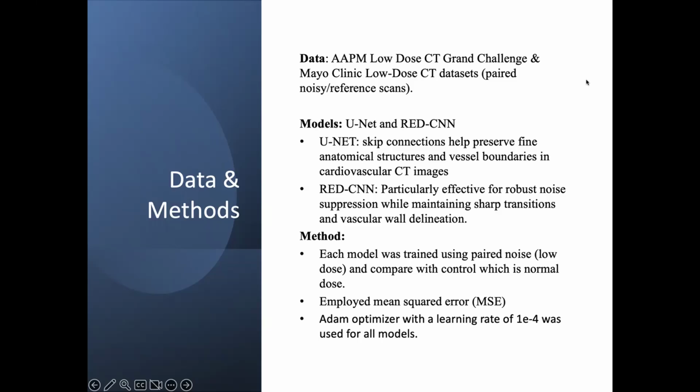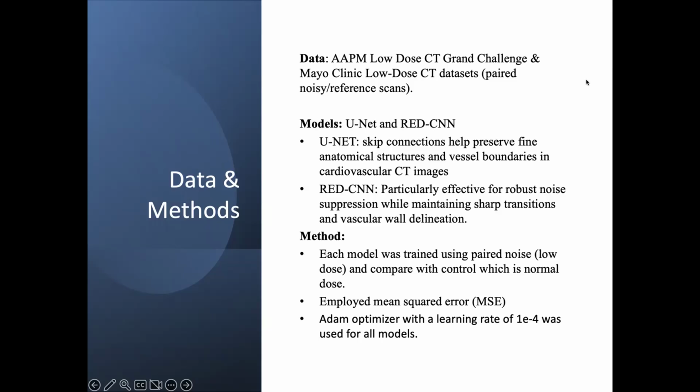UNET was originally developed for segmentation tasks and uses skip connections to preserve spatial context and fine anatomical detail, which is especially critical for visualizing cardiovascular structures like coronary arteries and cardiac chambers. RED-CNN directly targets low-dose CT denoising and is particularly effective for maintaining the sharp transitions seen in vessel walls and myocardial boundaries.